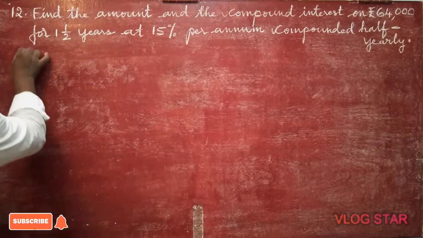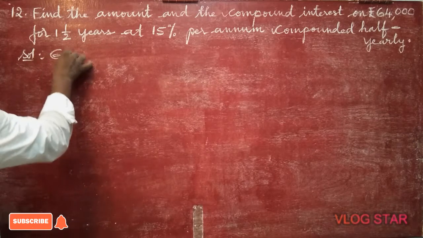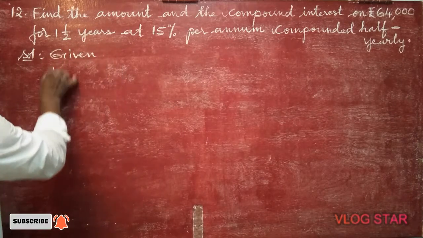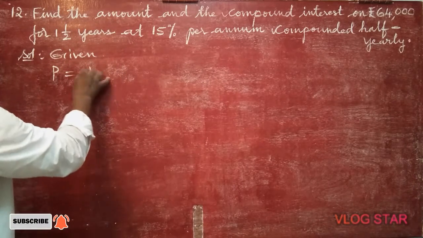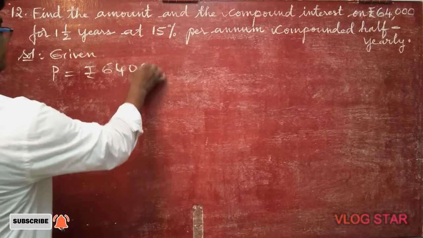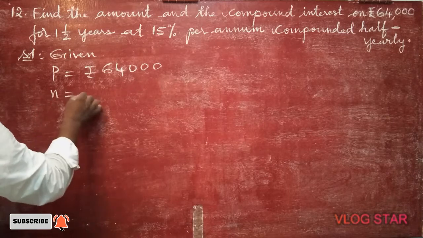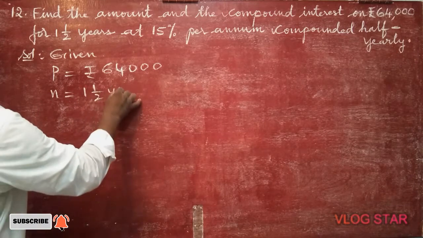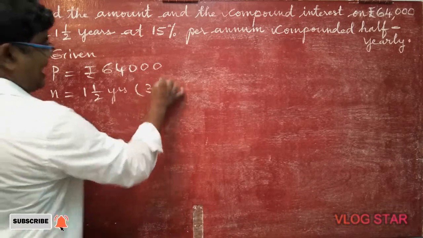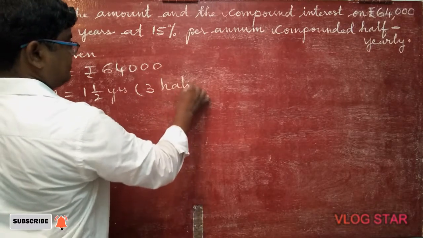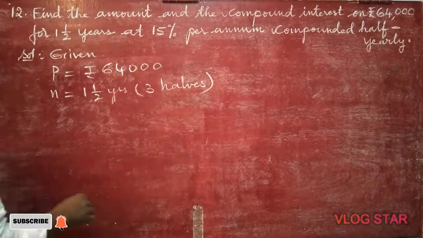So now here solution given. P is equal to rupees 64,000 they have given, and N they have given 1.5 years, means 3 halves.